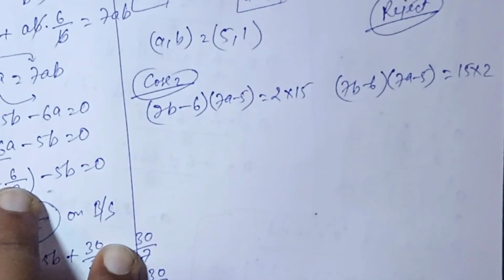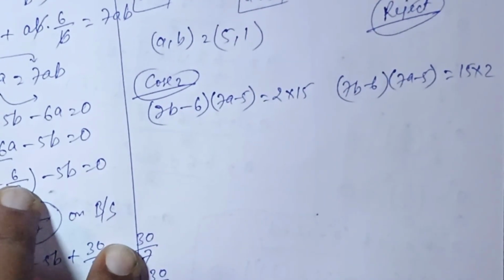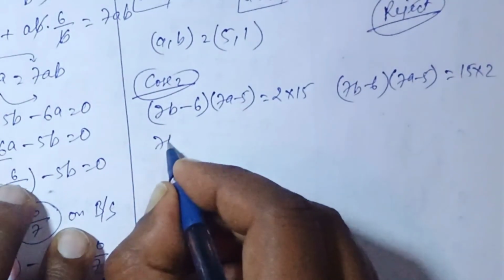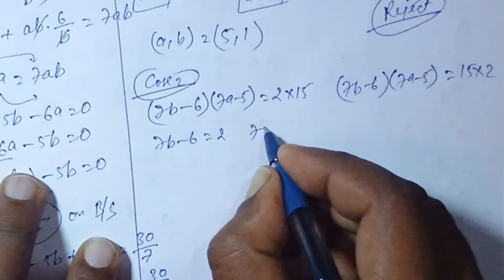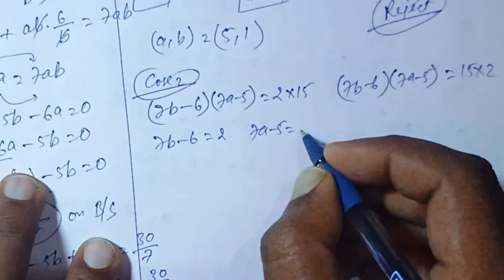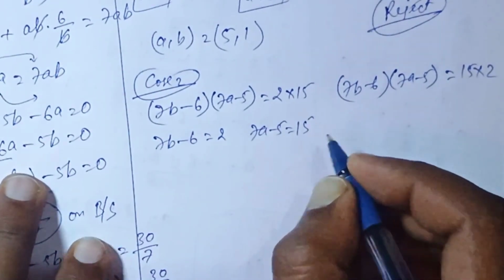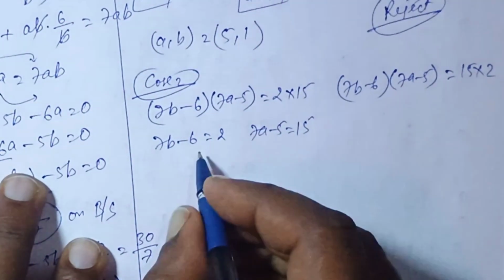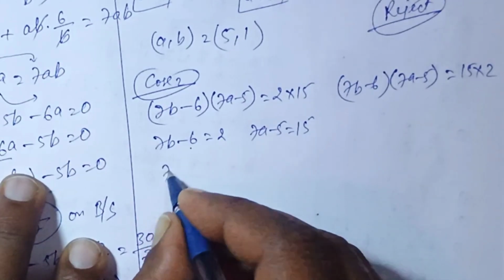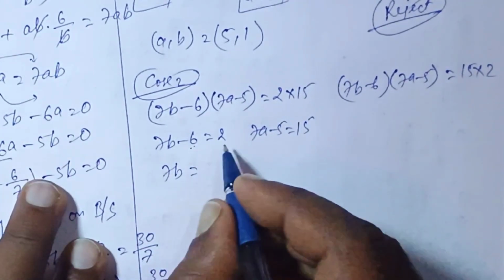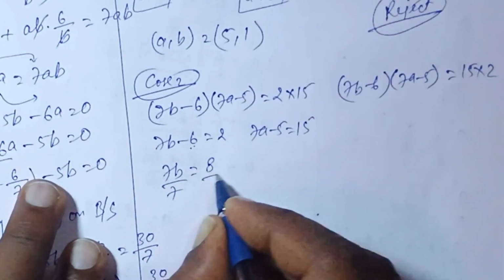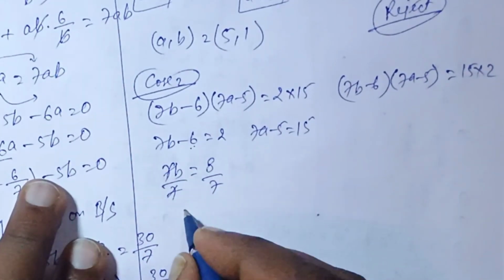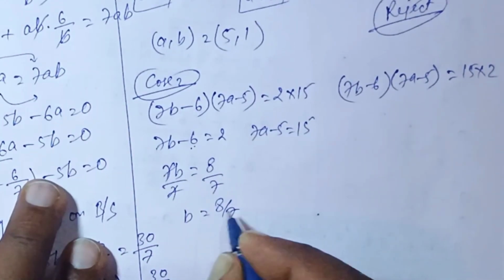Next step, 7b minus 6 is equal to 2, 7a minus 5 is equal to 15. Therefore 6 comes to this side, 7b is equal to 6 plus 2, 8, both sides divided by 7, 7 and 7 cancel, b is equal to 8 divided by 7.